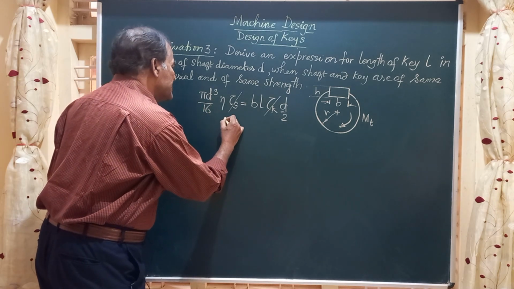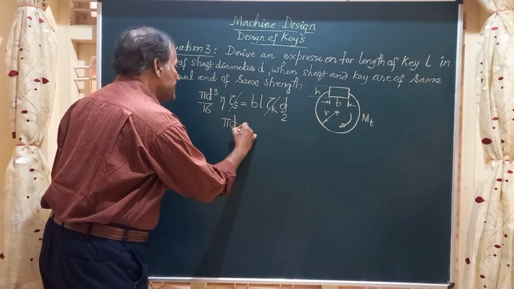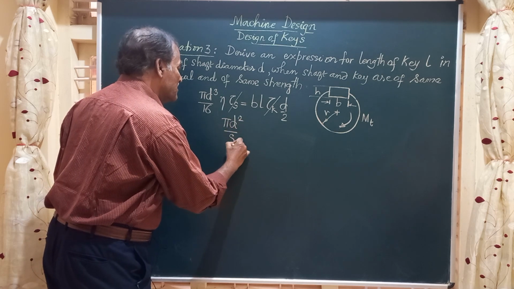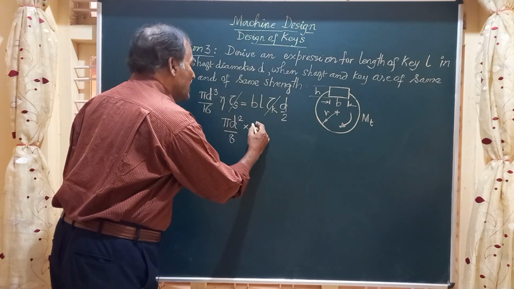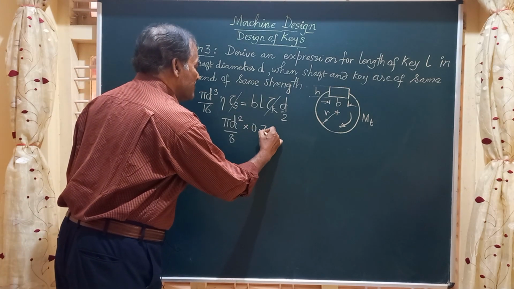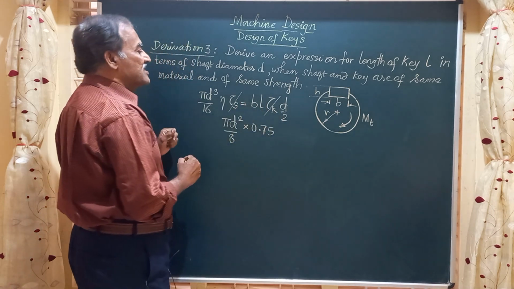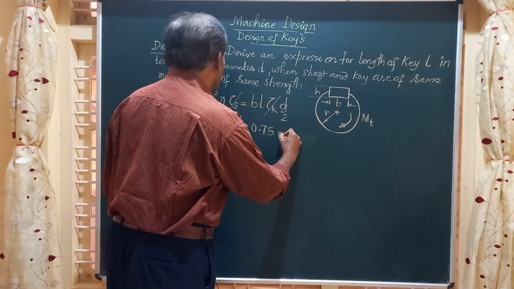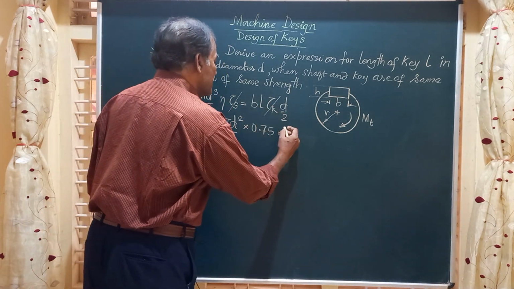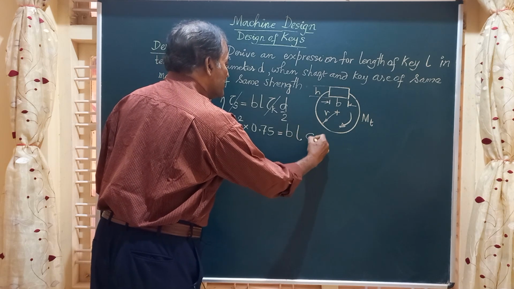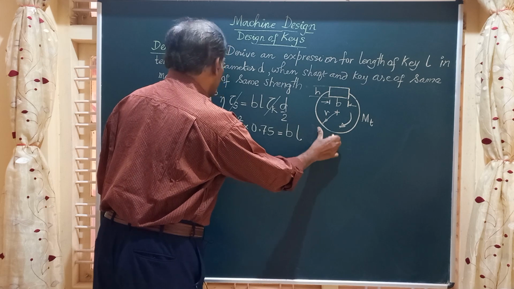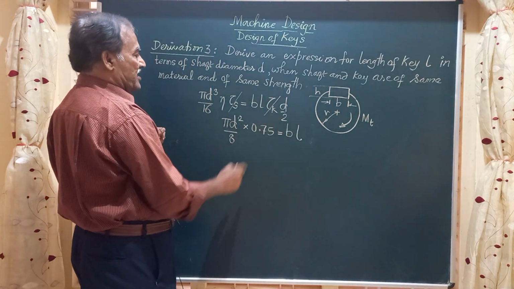I will just simplify this and say pi D square by 8, because this is 2 times 8, into that eta, the keyway factor I have taken as 0.75, is equal to B into L. Sorry, D has got cancelled already. So it is pi D square.